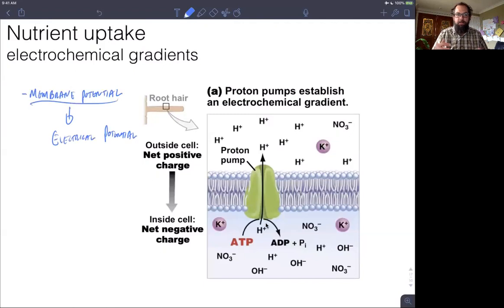There's actually an electrical potential across this gradient. And then of course there's a chemical gradient there as well, and that is the fact that we actually have a concentration gradient, more protons outside here than inside. And so the membrane potential is a combination of the electrical potential established by the protons and that concentration gradient.